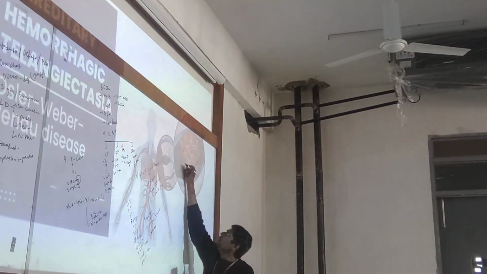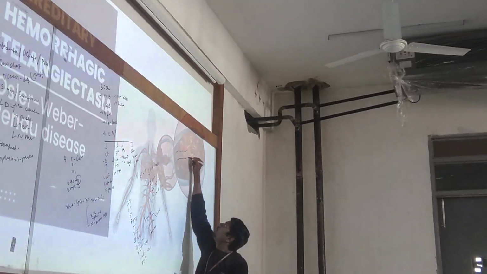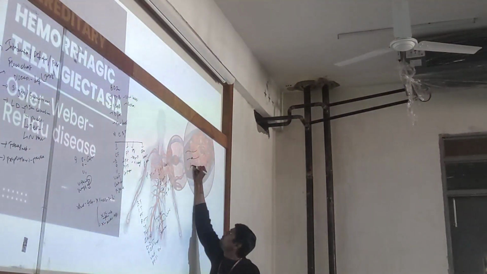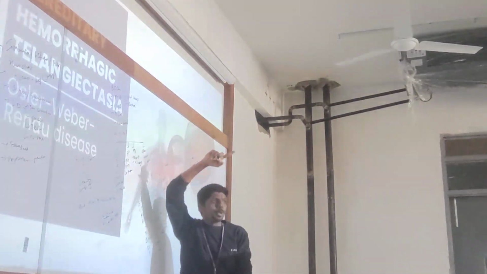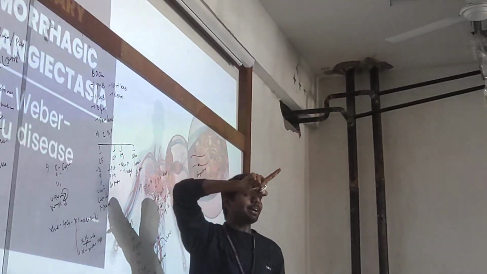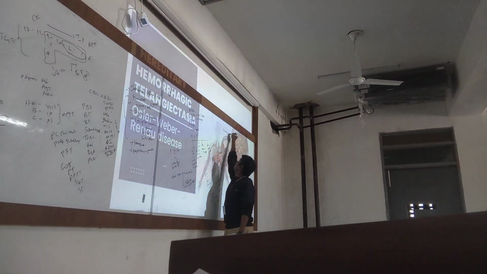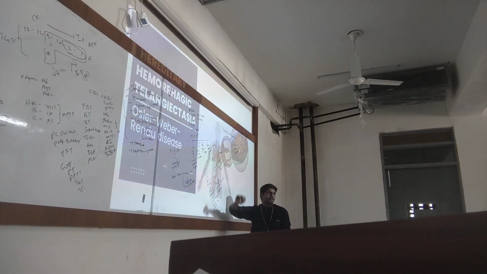So, damaged blood vessel, damaged tissue. This is the fibrinolytic mechanism, keep in mind. Not clotting, this is the anti-clotting mechanism. When I say fibrinolytic mechanism, that means anti-clotting mechanism.